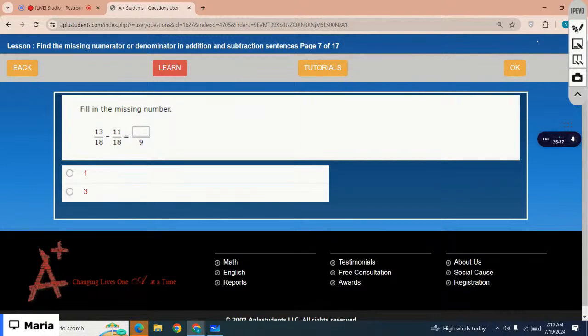The missing one is 1 over 9. The correct option is 1.